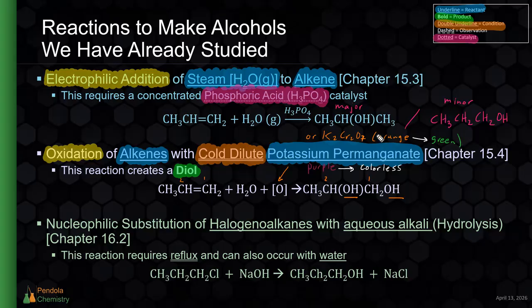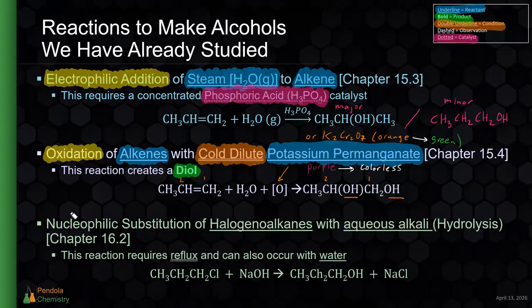So do remember those color changes depending on which conditions, which oxidizing agent we use. And that's going to be the same as any oxidation reaction where we use one of these oxidizing agents.